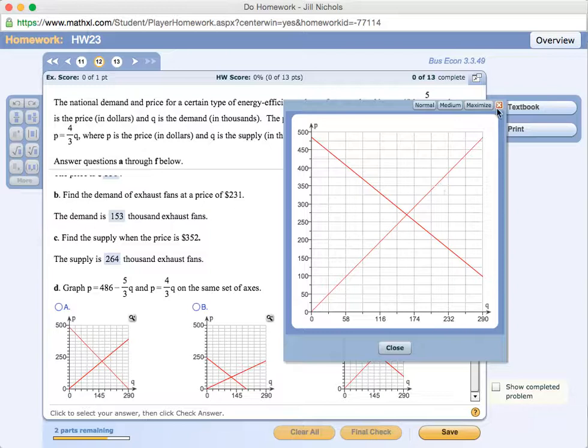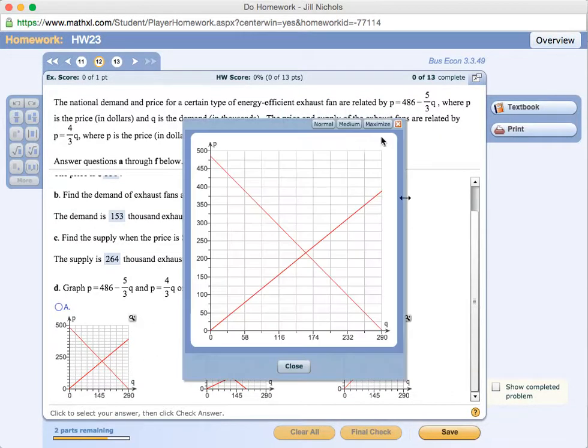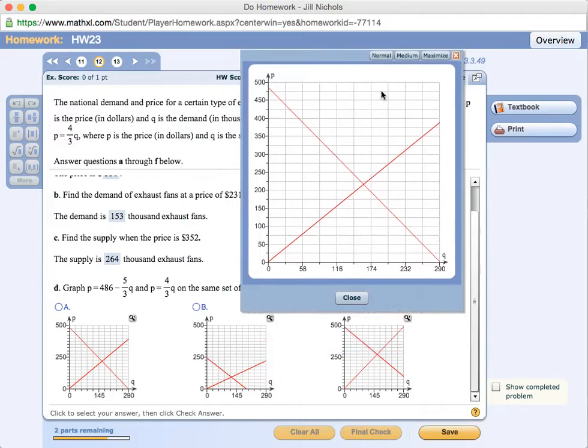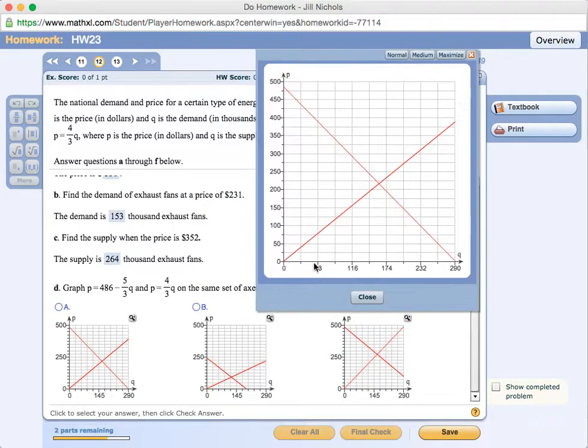Close, but not exact. But on this other one, I think it's going to be more off. On the demand function, the one going down, when price is 231, so right in here, demand should be 153. Actually, that one looks a little bit closer, maybe, hard to say.